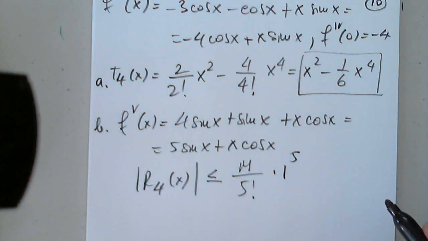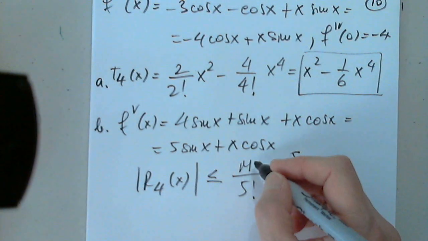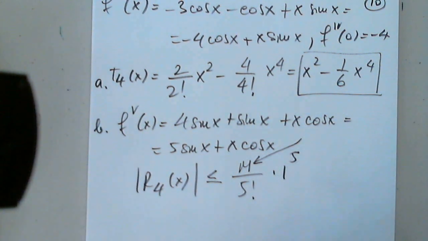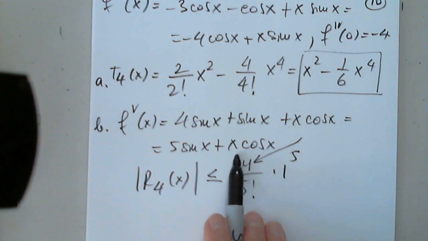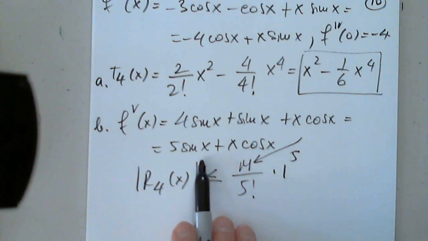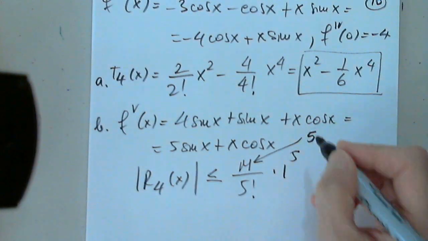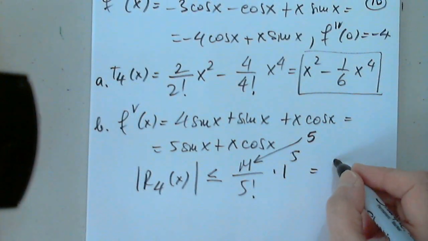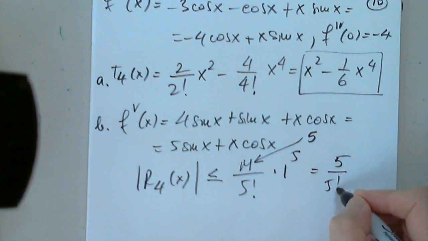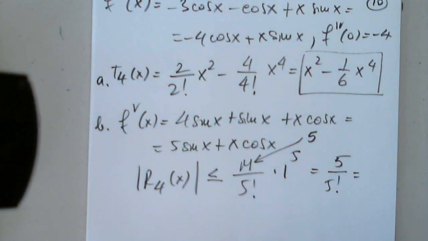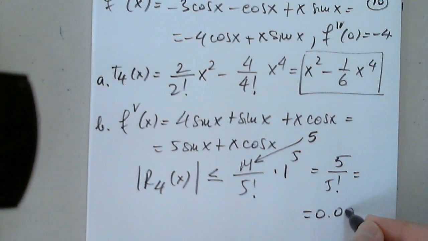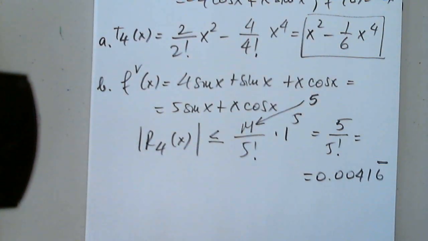So the upper bound M, notice that the maximum value this can have is really 5. So this will be 5 divided by 5 factorial. Yes, I did calculate this. So I got 0.00416 repeating decimal.